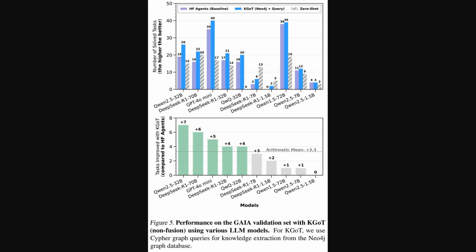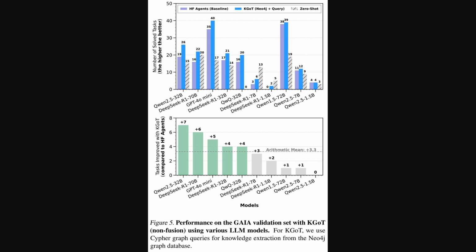Okay, so we've seen the benefits of KGoT with specific models and the importance of the graph itself. Now, this figure broadens the picture. It shows how KGoT performs when paired with a whole range of different language models, like Qwen and DeepSeek, not just the GPT variants we saw earlier. The top chart compares KGoT against the Hugging Face agent's baseline and Zero Shot again, but for each of these different models.